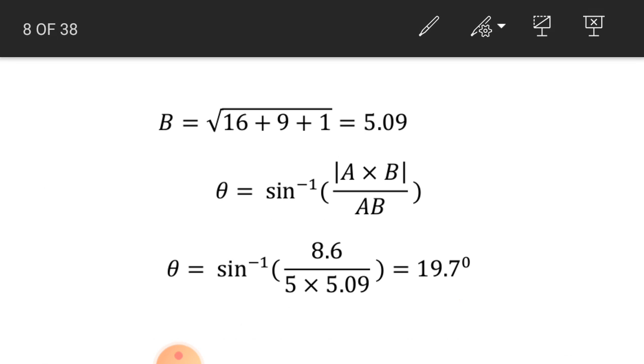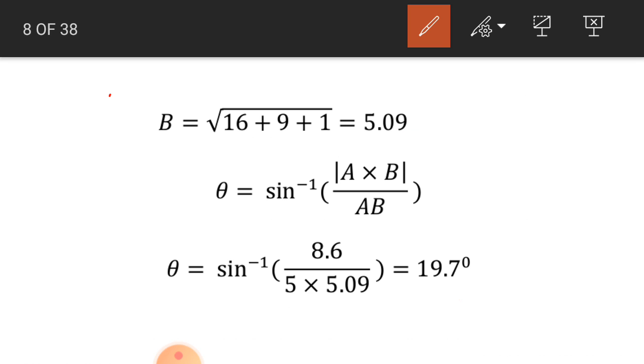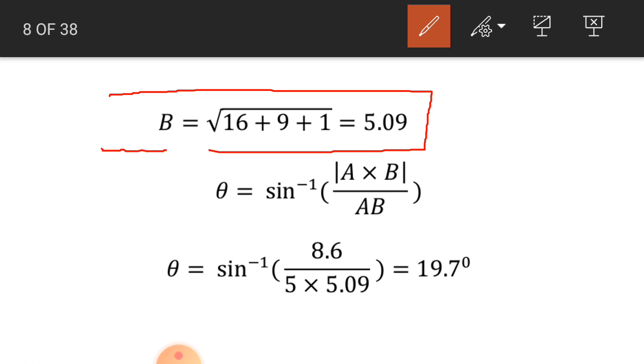We calculate the magnitude of vector B, which will be equal to the square root of the square of the x component, which is 16, plus the square of the y component, which is 9, plus the square of the z component, which is 1. So the magnitude of B is 5.09.